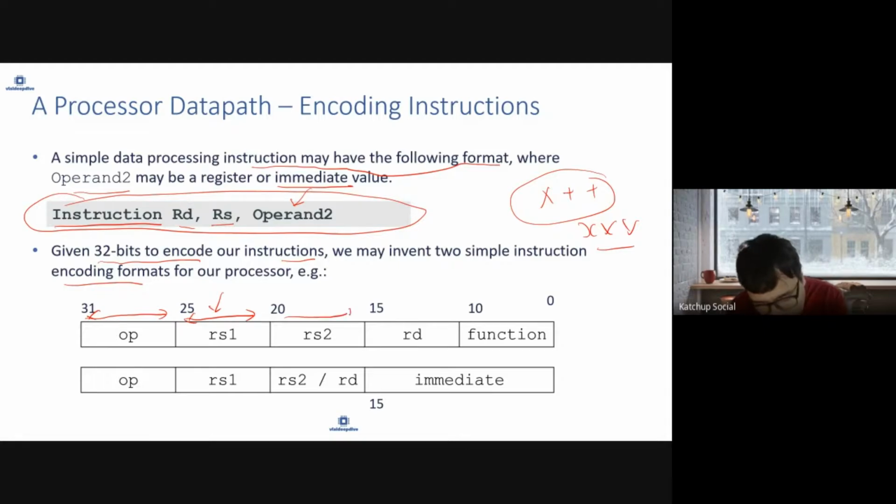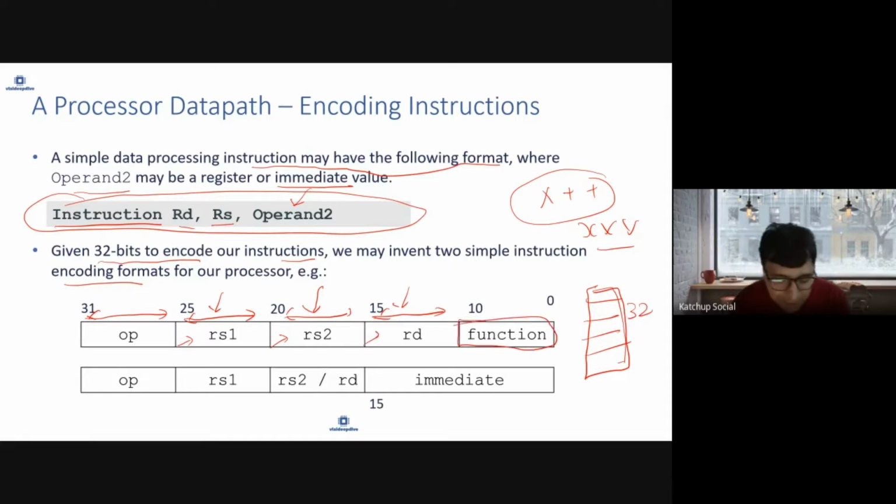Then this is the address of one operand, and this is the address of another operand. If you remember, we had our register file, which is 32 deep. So we are keeping 5 bits each for storing the address of the result, the address of operand one, the address of operand two, and then you have the function.